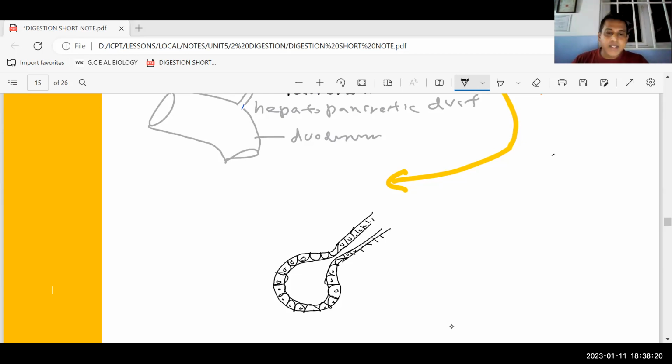Now this is one structure, and we can find many structures like this. Right. So I make the collection now. One and another one. It's like a bunch of grapes, similar to that.